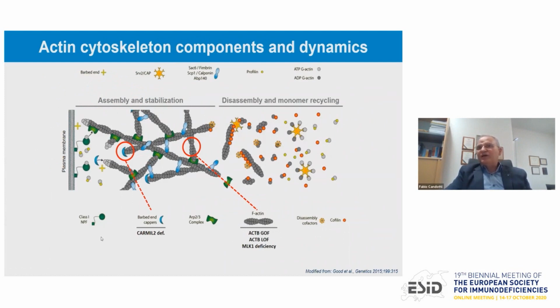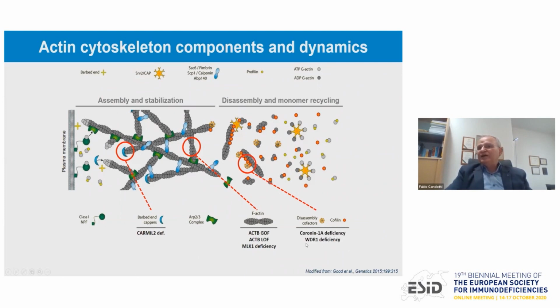A functioning cytoskeleton also relies on a normal amount of disassembly and recycling. As I said, the disassembly and recycling is based on the action of proteins like cofilin, which can be activated by proteins containing repeats of the WD40 domain.